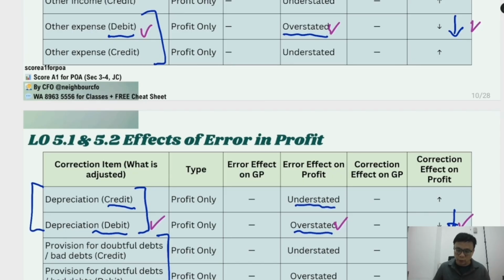And after we do the adjustment by crediting the account depreciation, the effect on the profit now will go up. Relating back to the earlier slide, you can see over here, if we do a credit, the original error, which is an understatement, will then increase over here.